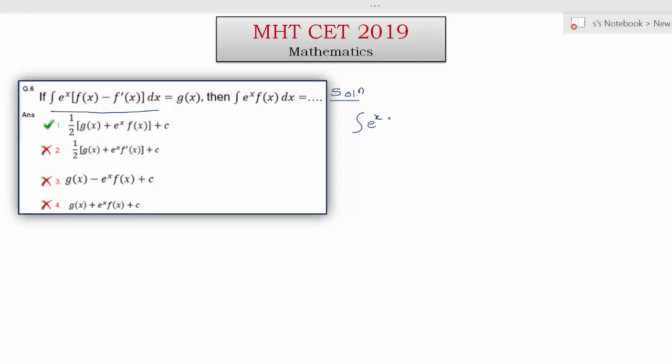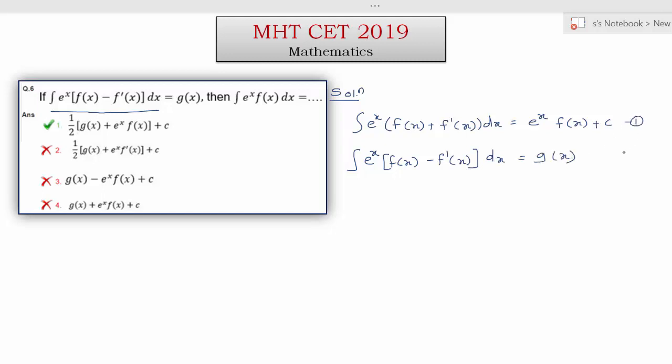Integration of e raised to x into f of x plus f dash of x dx is e raised to x f of x plus c, right? Now the given equation is the integral of e raised to x into f of x minus f dash of x dx is g of x.